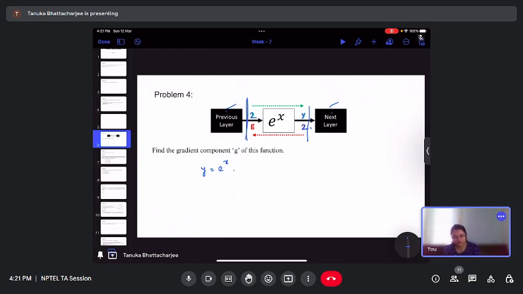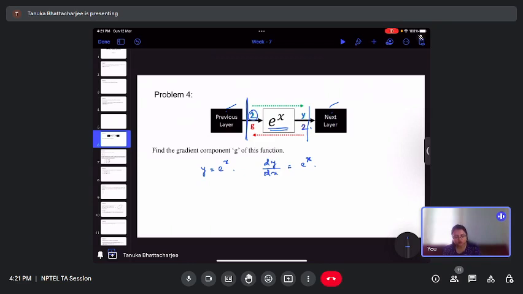So, if you take the gradient, that will be del y del x, let's say, that will be e to the power x. Now, here your input was 2. So, this block is performing e to the power x, that means if your input is basically x, that is 2, it is basically taking the exponent of 2.